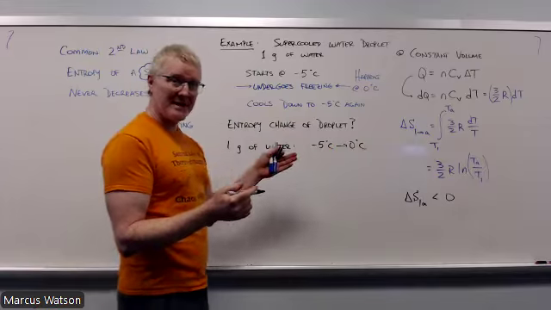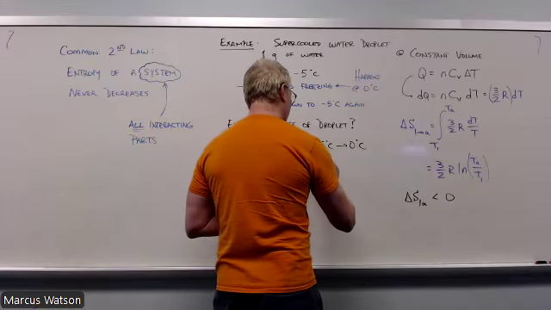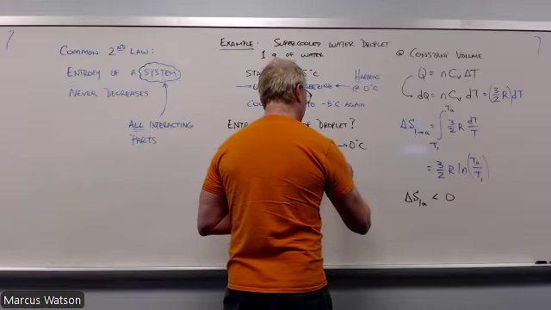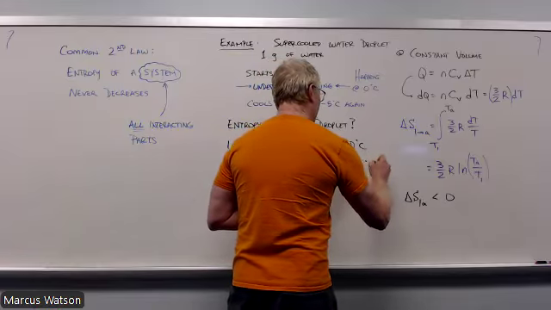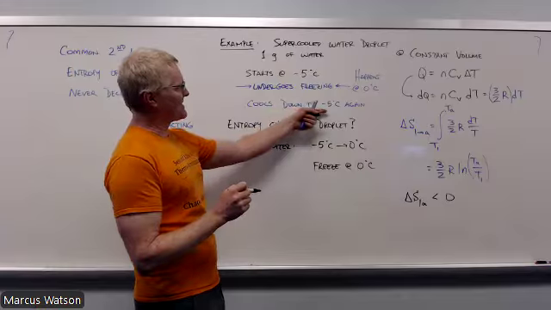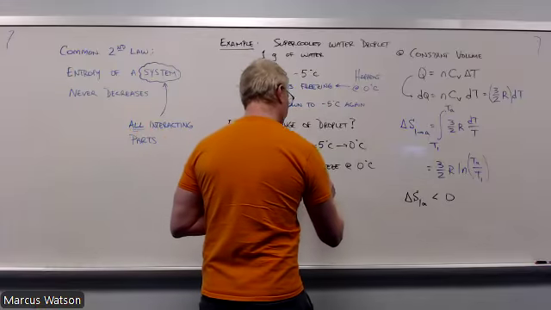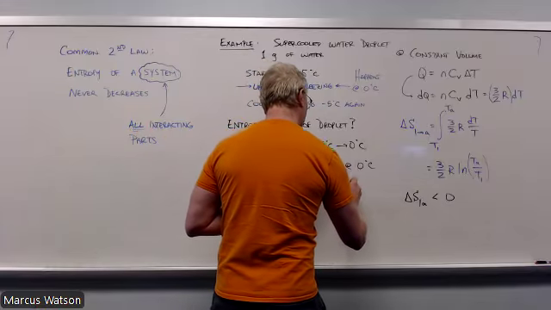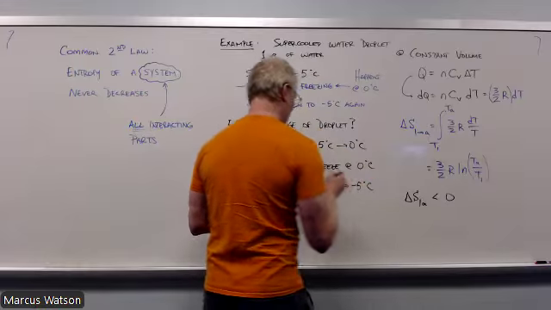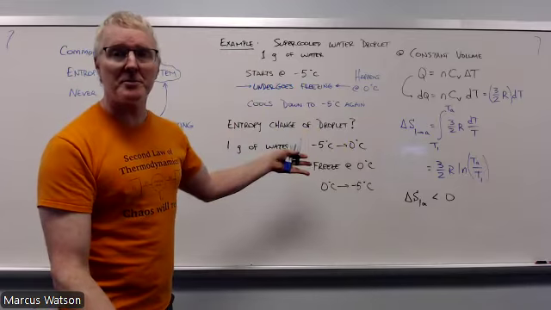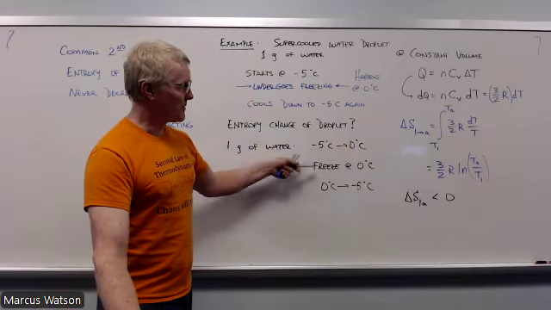It's then going to freeze at 0 centigrade. And it's then going to drop back down to -5 centigrade again. Therefore, I have 3 entropy changes to calculate: 1, 2, and 3.